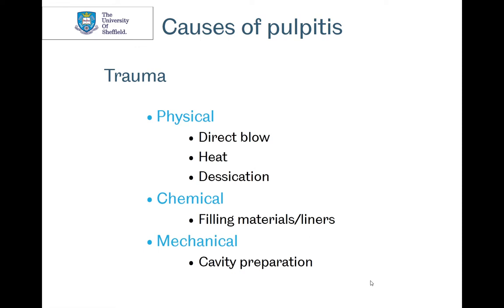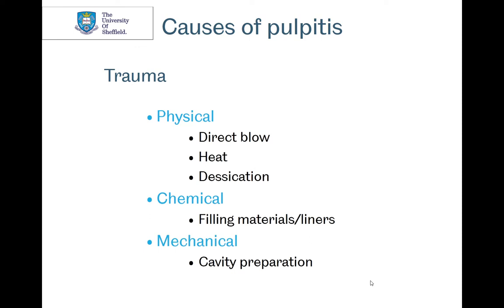The materials that we use in teeth are also very important. Filling materials, cavity liners and so on can also be irritant to the pulp and cause pulpitis. And to some extent, you want that. For example, some of the way in which calcium hydroxide works is just by provoking the pulp to try and make a calcific barrier to shrink back a bit. So it's not all bad news, but again, you can get pulpitis in that context.